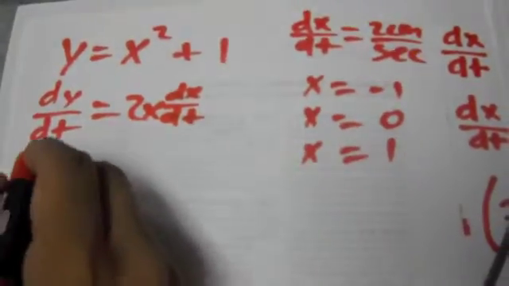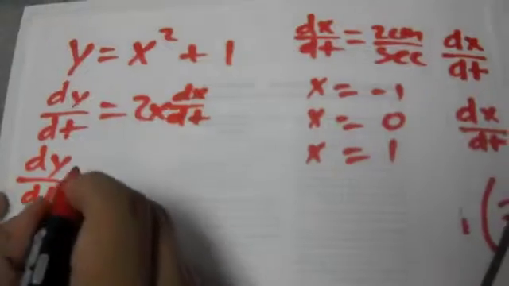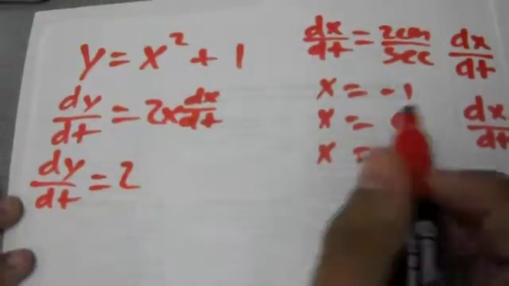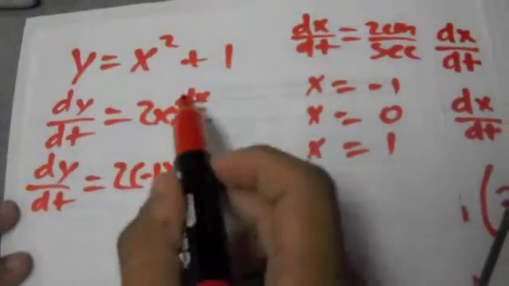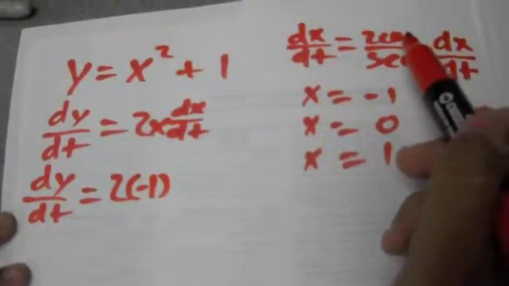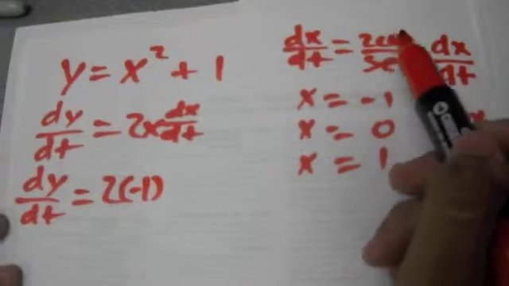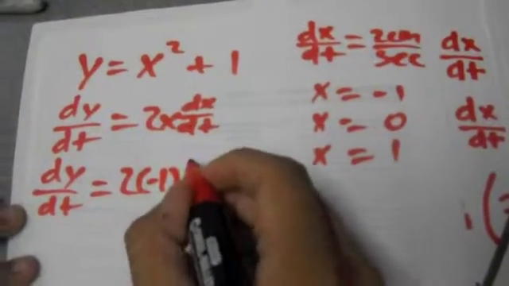And the derivative of 1 is 0. Next thing we're going to do is plug in our x, which is negative 1. And we know that dx over dt is 2 centimeters per second. So we're going to plug that in.